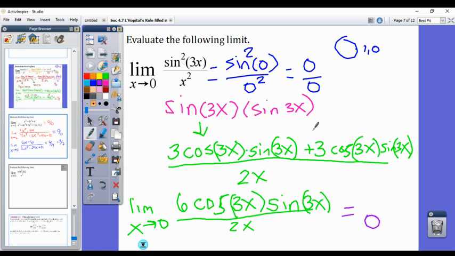And actually, the numerator is going to end up still being 0 because sine of 3x is going to be sine times 0, which is 0. So I don't even care that this is not 0, because 0 times anything is going to give me 0. So again, I'm getting 0 over 0, which means we're going to apply our rule for a second time and see if that makes a difference.